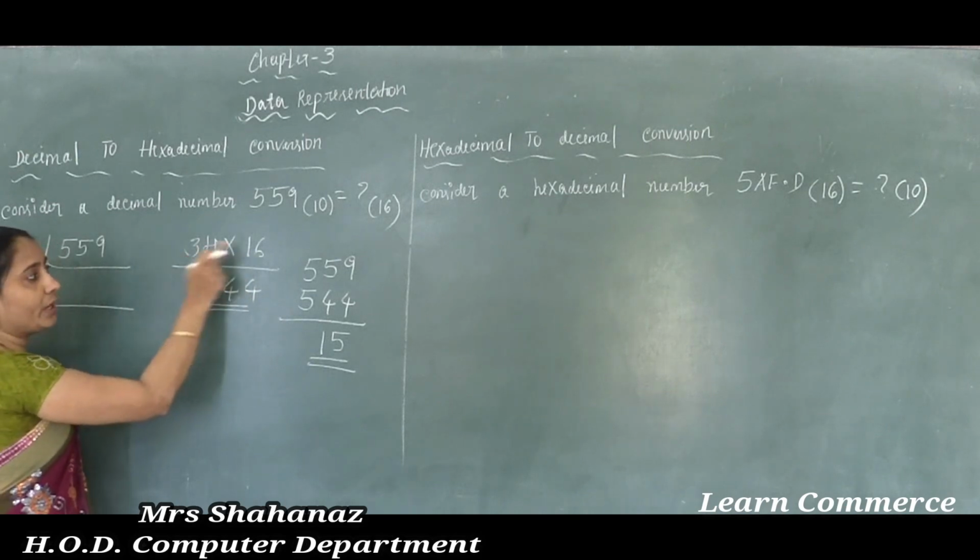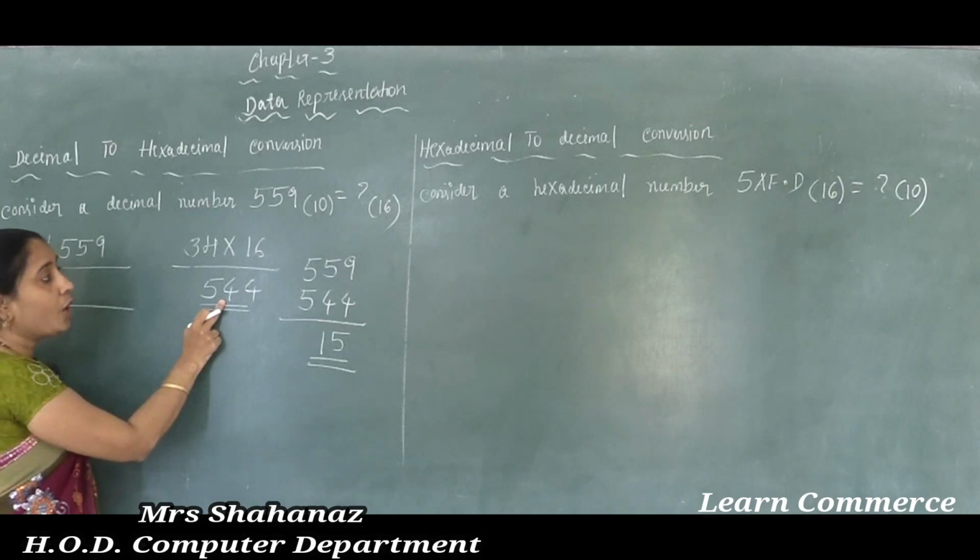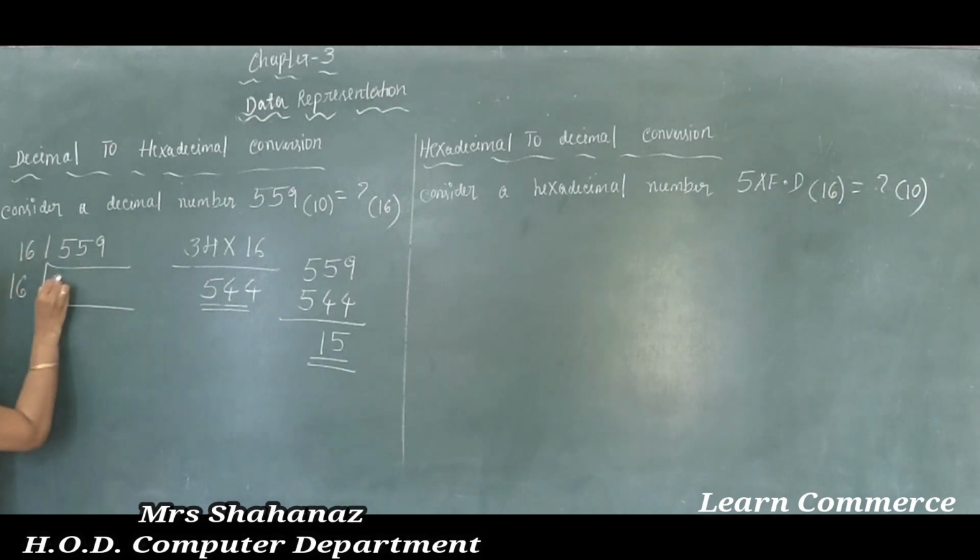So 34 into 16, the value is 544. Correct?